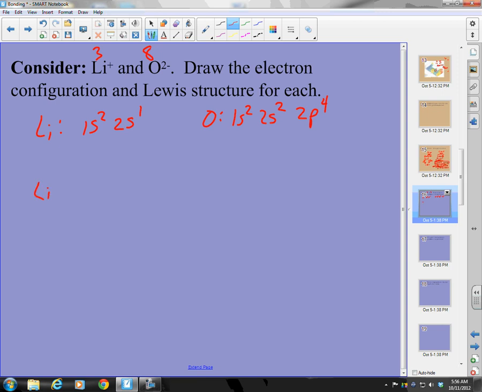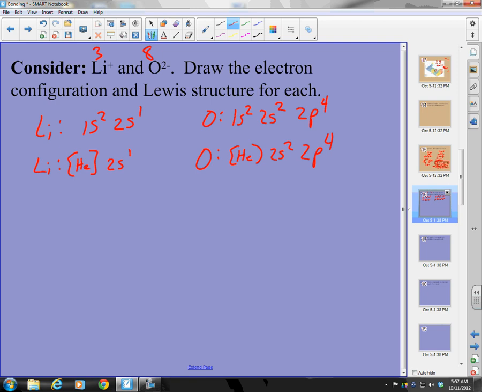Let's do this a different way. Let's look at my noble gas configuration for lithium. This is helium, 2s1. Yeah, I like this better. And oxygen is helium, 2s2, 2p4. There we go.